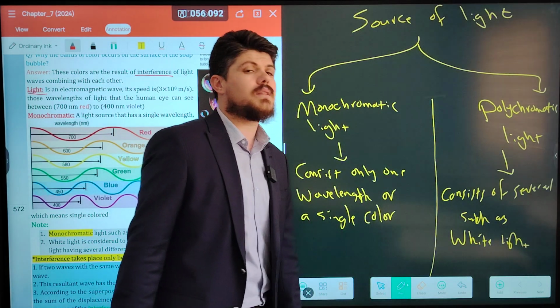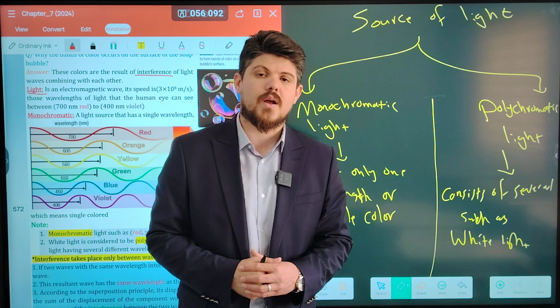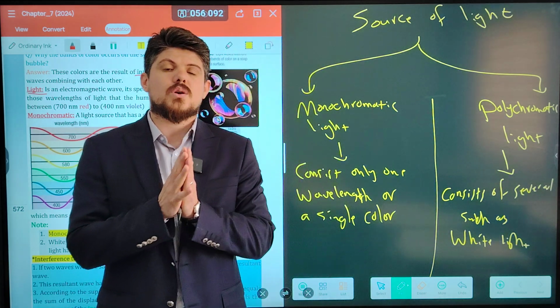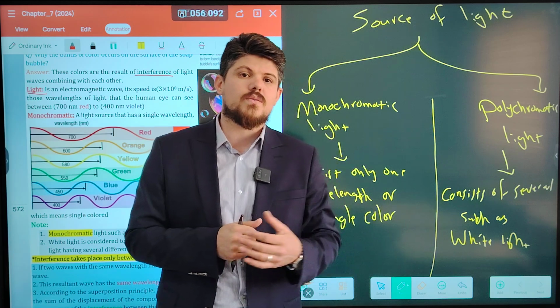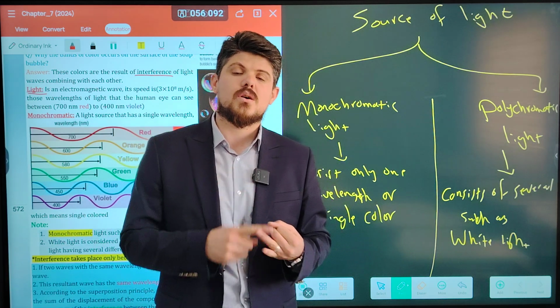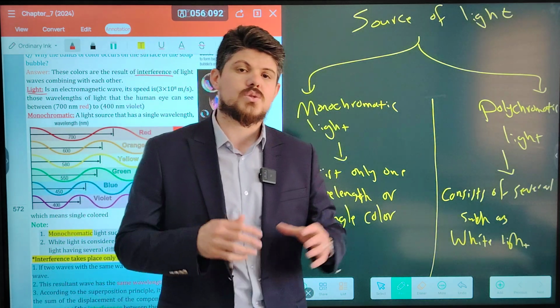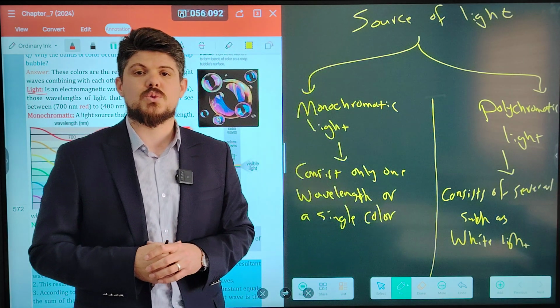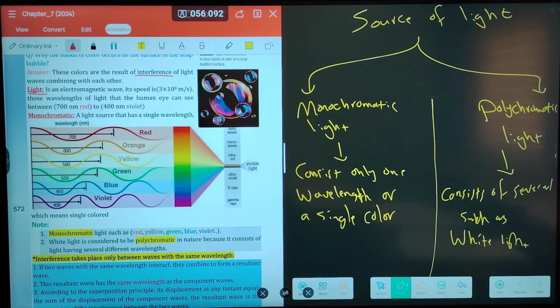The white light that you can see at home is a polychromatic light. Why? Because white light contains several wavelengths, many different colors like red, orange, yellow, green, blue, indigo, violet. So this is basically the difference between polychromatic and monochromatic light.